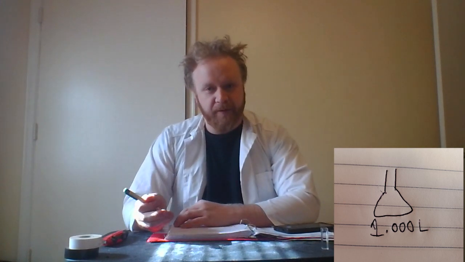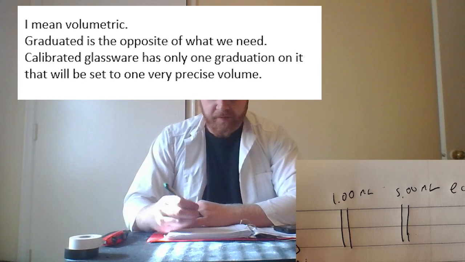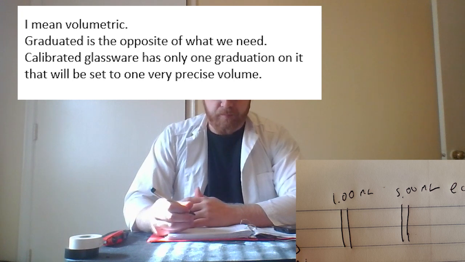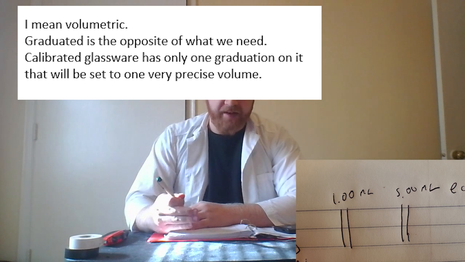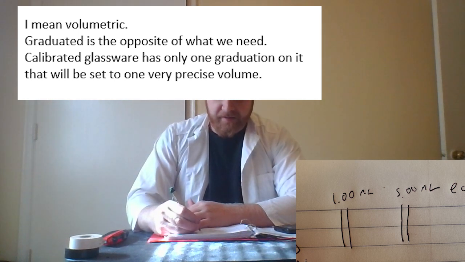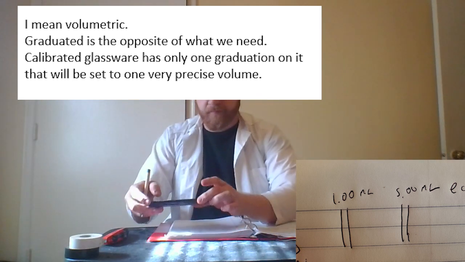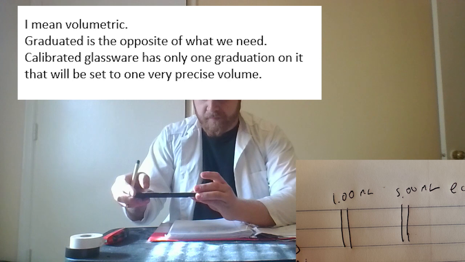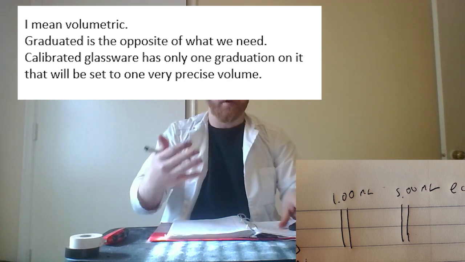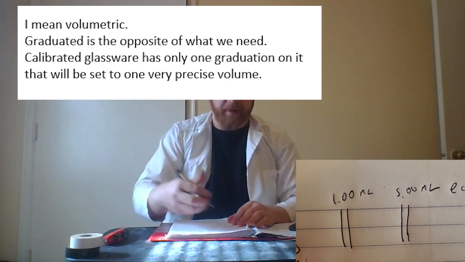There you want to make a series of dilutions using a graduated pipette, something that is designed to only take out exactly a certain amount of volume, say 1 or 5 milliliters. You put that into another graduated flask.